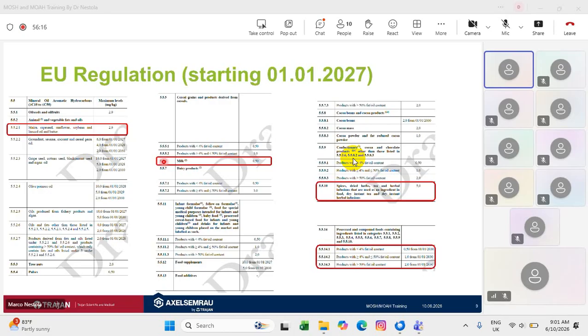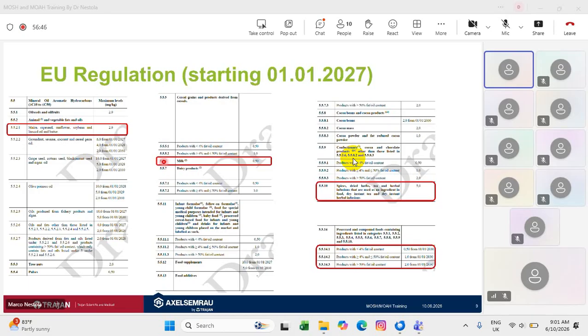Don't know why this is necessary, but this is one reason why you find sometimes quite high numbers for MOSH and MOAH in milk. Of course, also when you have contaminated food and feed. So when you have feed contaminated with a high content of MOSH and MOAH, this is fed to the cow. There's a high chance that you find stuff of that also in the milk. Even though it's digested by the cow, there's still stuff that can be found in the milk.